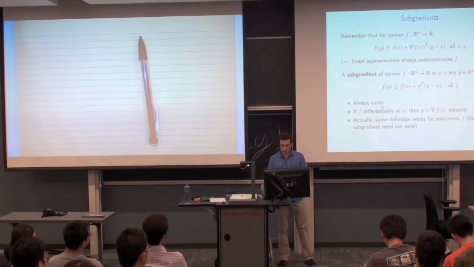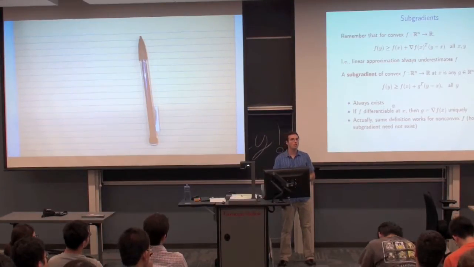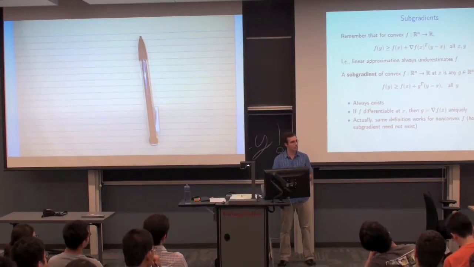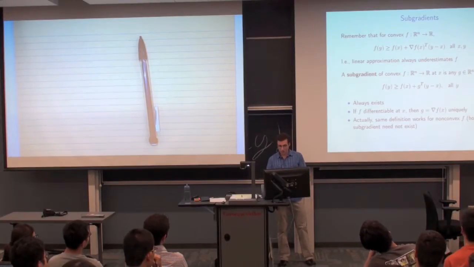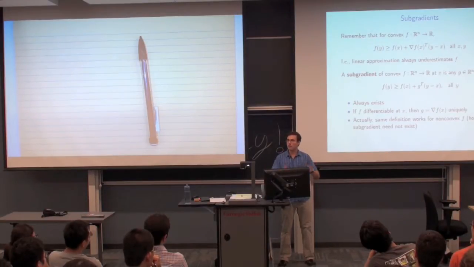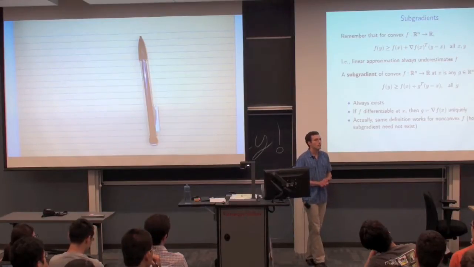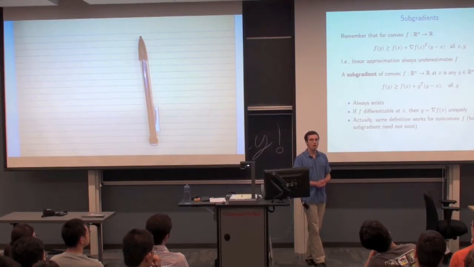Okay, so what are some properties of subgradients? One is that it always exists. Here I'm not being incredibly rigorous because I haven't told you what the domain of f is. In yesterday's lecture and the next three, I'm not going to really worry about the domain of f. I'm going to just assume the domain is all of Rn. In cases where the domain is not all of Rn, you're going to kind of know when things go wrong, and then there are subtle corrections you have to make.